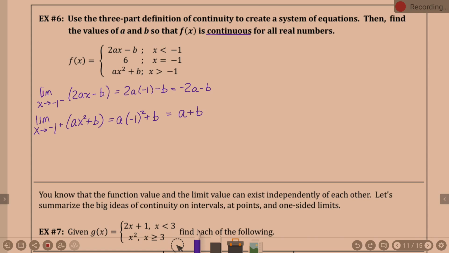They have to equal 6 because f of -1 is defined to be 6, right? So I'm going to set up an equation that -2a minus b has to equal 6 and a plus b has to equal 6. Fair enough?